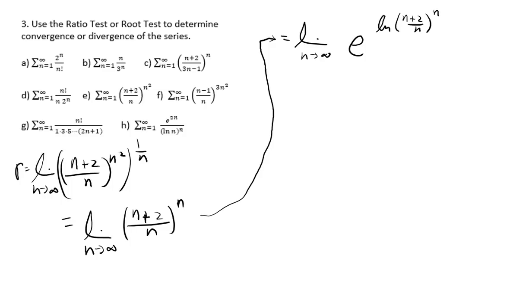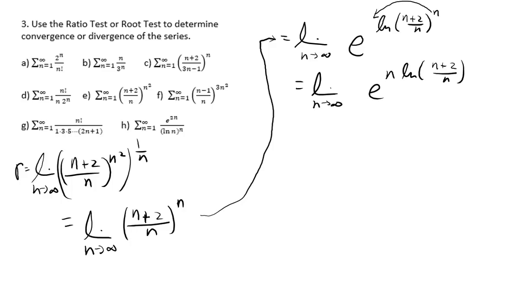And the reason you do that is because if you make the n jump over, you get something you can handle by using L'Hopital's rule. Well, it's not quite L'Hopital's rule yet because this is not a fraction.